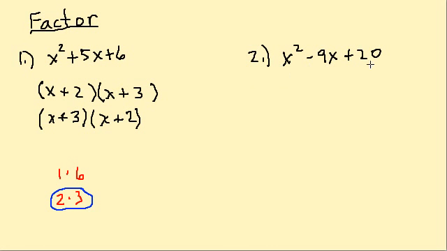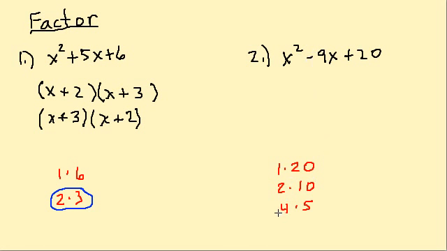Now let's take a look at this next one. What can I multiply to give me positive 20? Well, that's going to be 1 times 20, 2 times 10, and 4 times 5. Now we can see that 4 plus 5 will give us a positive 9, but we need a negative 9.